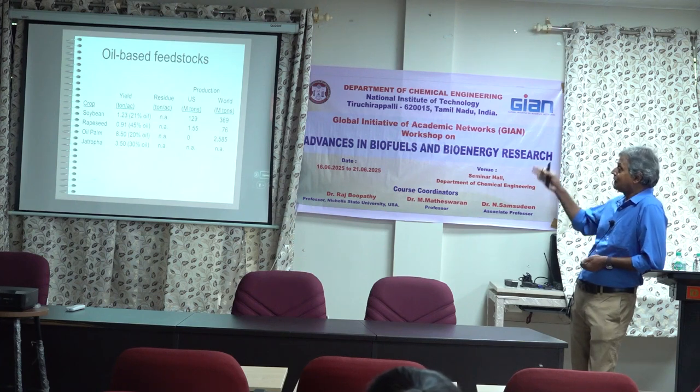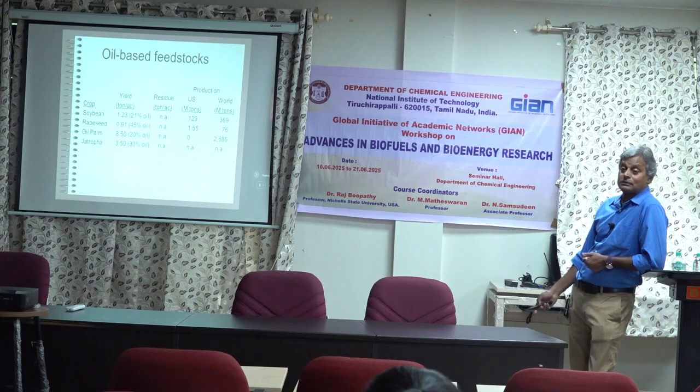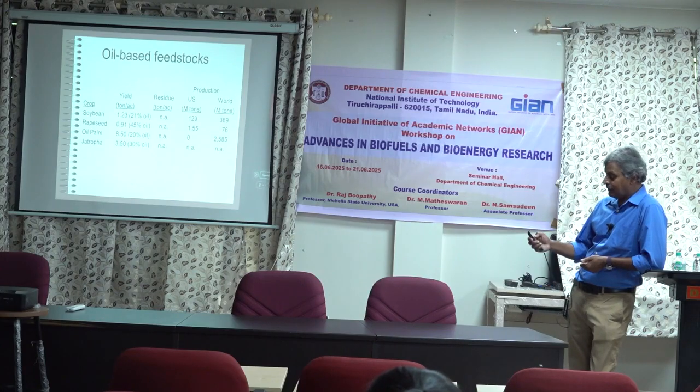So rapeseed you can calculate. Based on the oil content of each crop, you multiply by the tonnage. That's how you get the production per acre of each crop, and you can see the worldwide production of this. Okay, million tons of it we are looking at.